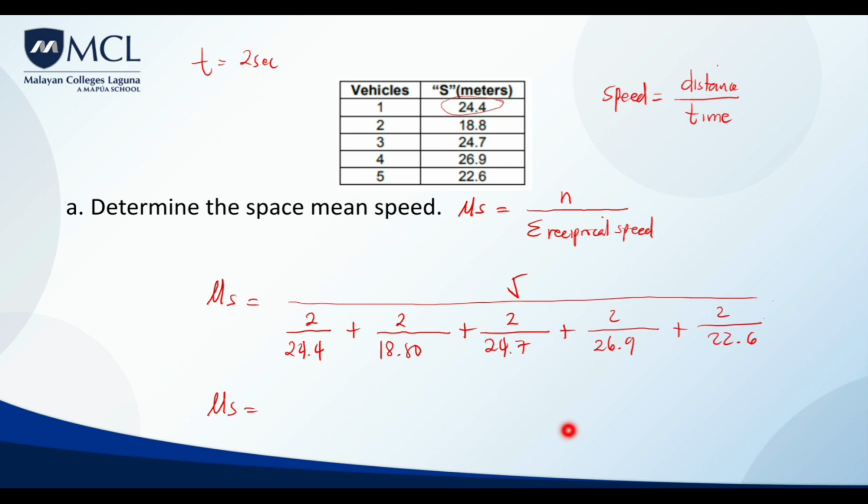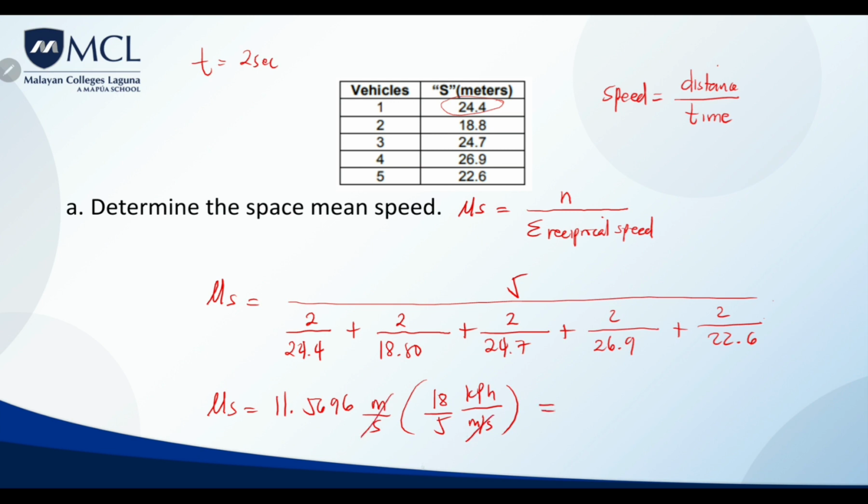So we got 11.5696 meters per second. Or, to convert it into kilometers per hour, okay, we simply multiply it by 18 over 5. That is 18 over 5 kph per meter per second. So, this will cancel out.